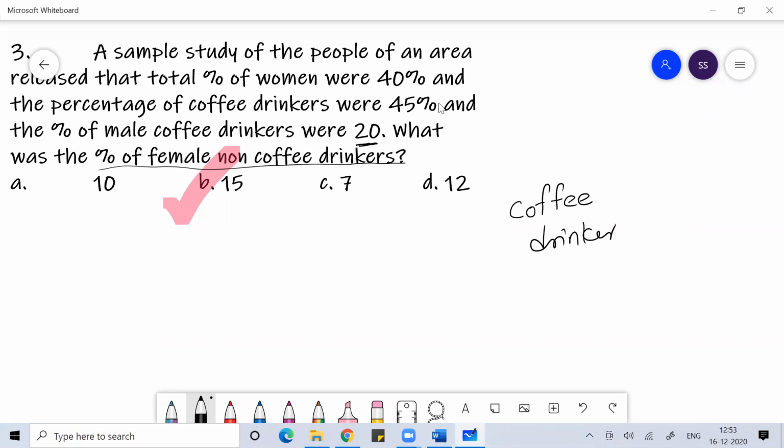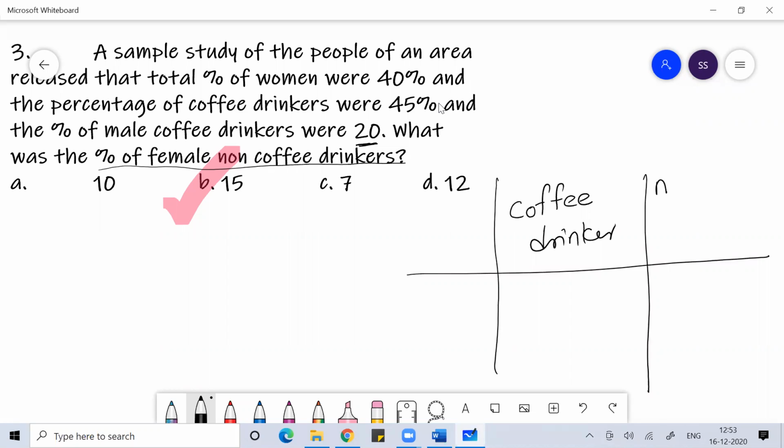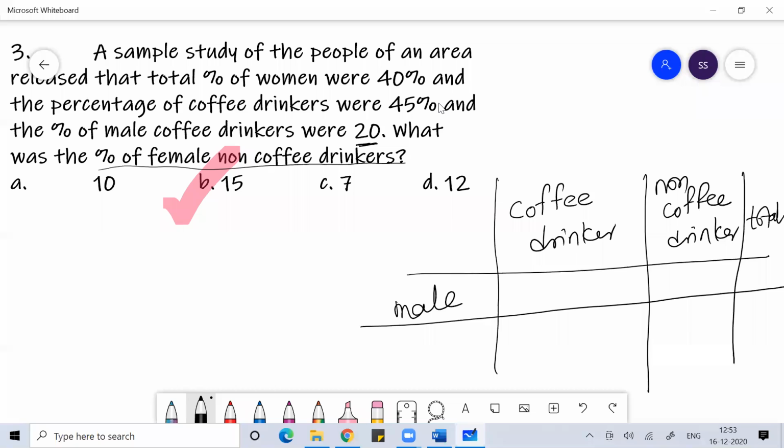So we have coffee drinker and then non-coffee drinker and then total of it. Then we have male, we have female, and we have their total.